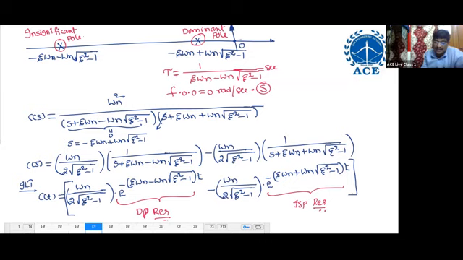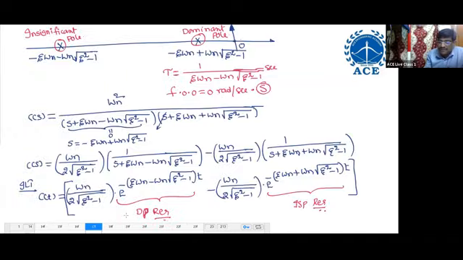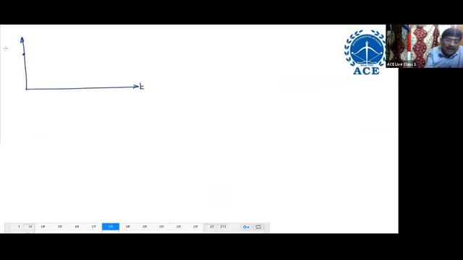If I draw the exact response, at t equal to 0, substitute t equal to 0 in the dominant pole term: e power 0 becomes 1, so you get omega n by 2 root of zeta square minus 1.